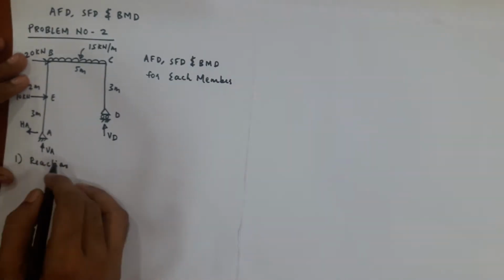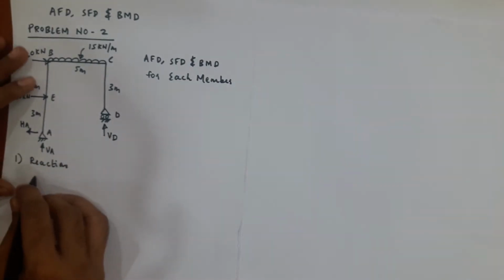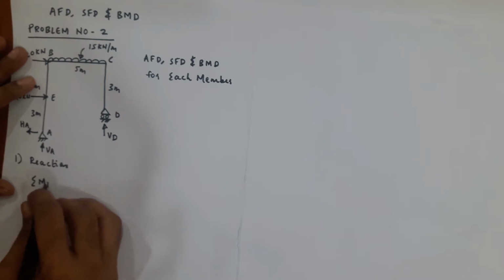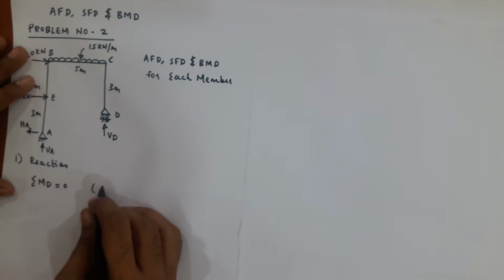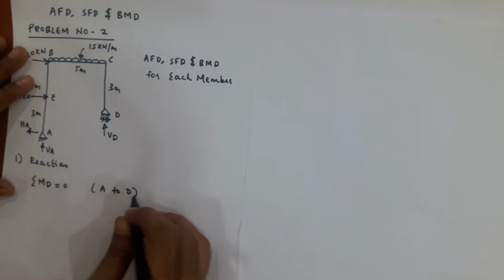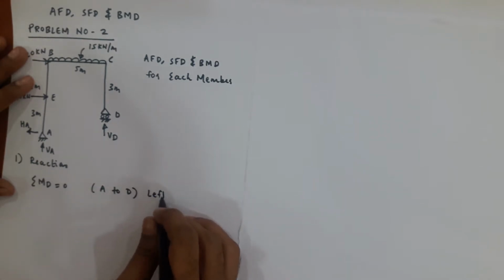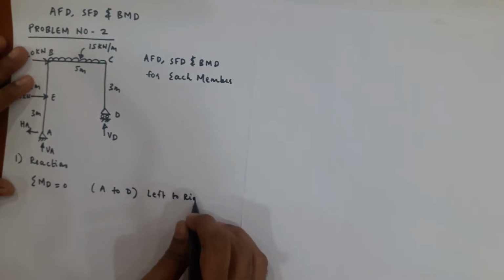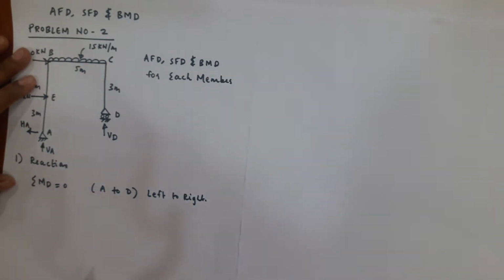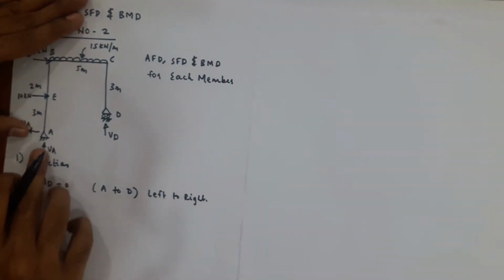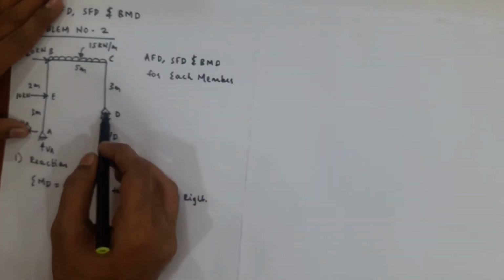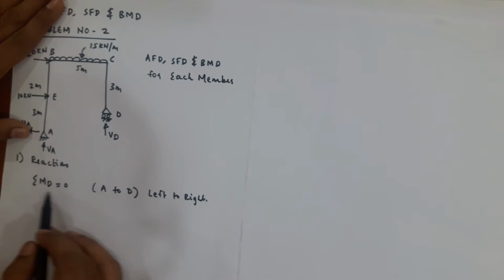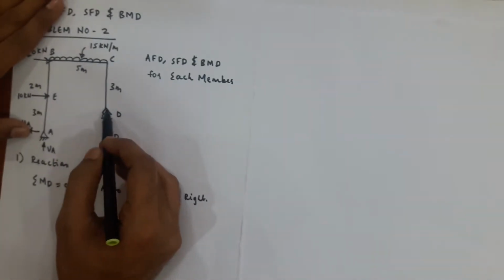So to find VA, I will take moment about point D. Moment about point D equal to 0. That means I have to follow a direction from A to D, left to right. Here I have assumed the vertical reaction upward for A. I am taking moment about point D, which is equal to 0 because it is a roller support.